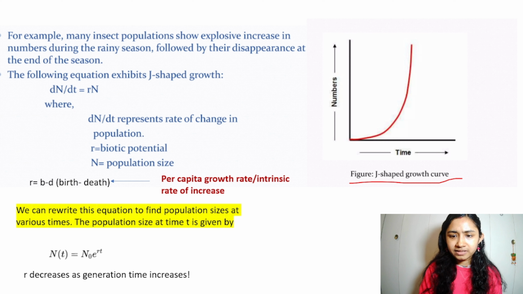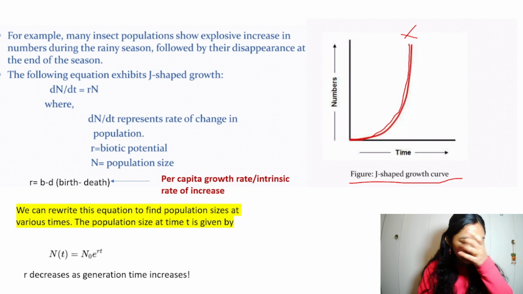At first the population grows abruptly, and at the point when resources are scarce, there is no population growth. This axis is the number of individuals and this is the time. Over time, the number of individuals is growing exponentially because there is a lot of available resource.